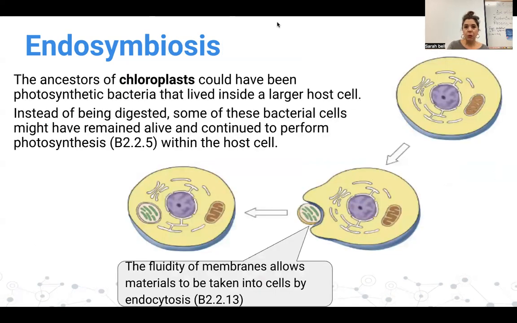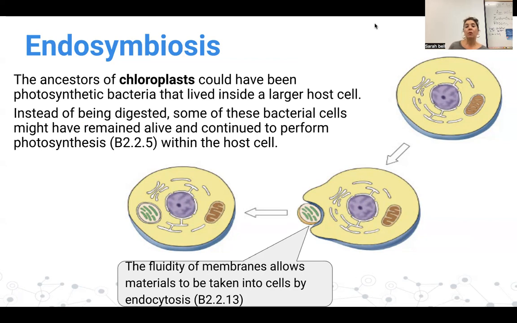We think something really similar happened with chloroplasts. So chloroplasts were photosynthetic bacteria that, once again, before all this happened, lived outside of a larger host cell. But then for some reason, once again, was brought inside of a host cell. The host cell was going to digest it. And for some reason, it didn't.